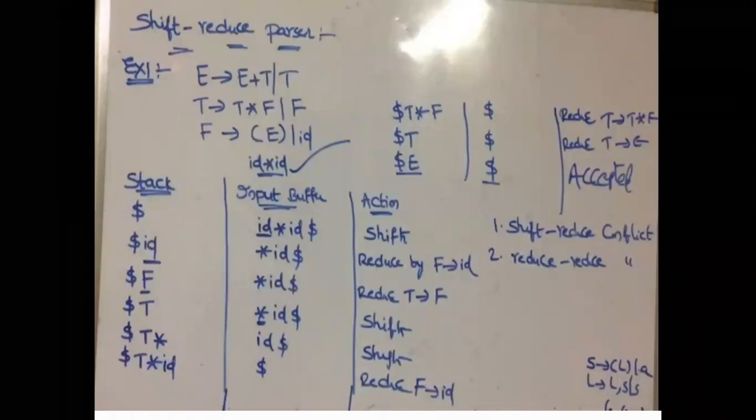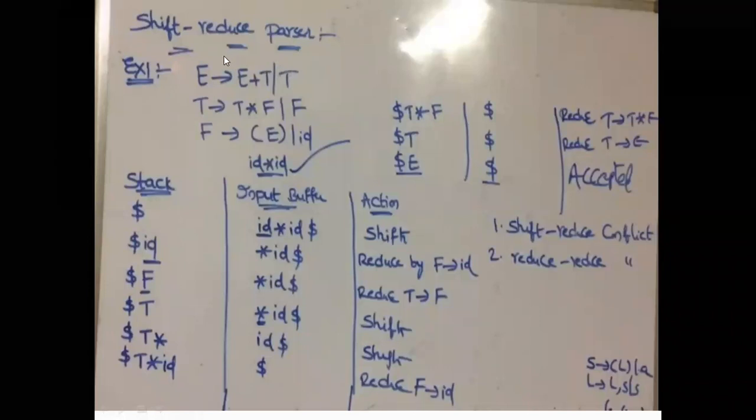So in this one we are considering T star F, that is taken as a left side non-terminal. So we are performing reduce: T is production with T star F. So here T is a production. Okay, then in the starting symbol, is there any production in the right hand side with T? Yes, we are having it in the right hand side.